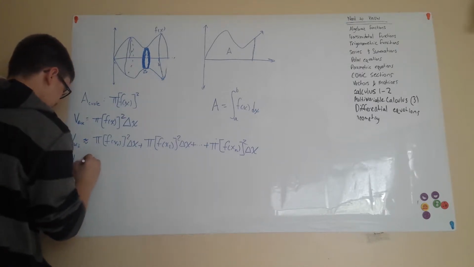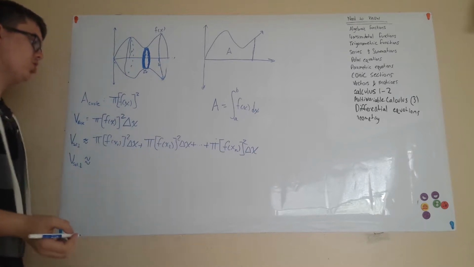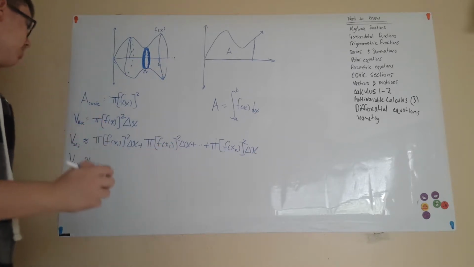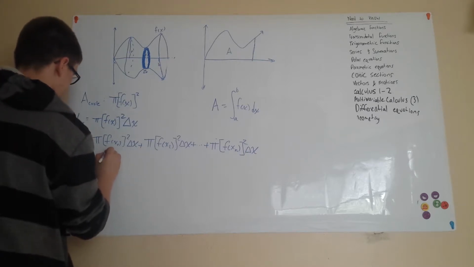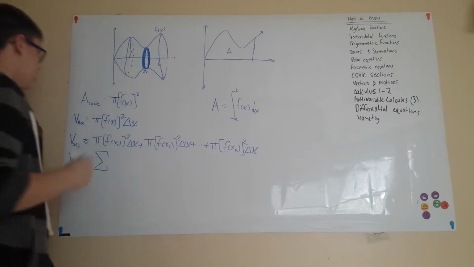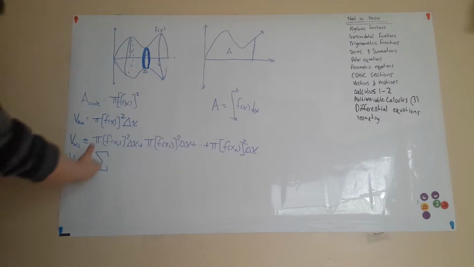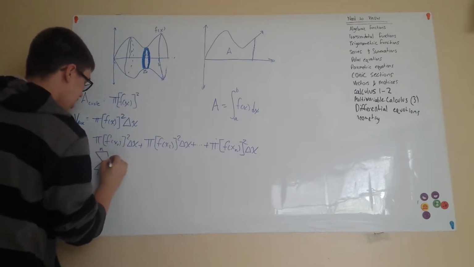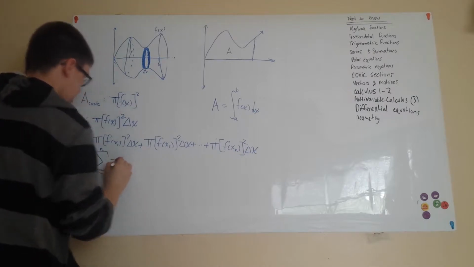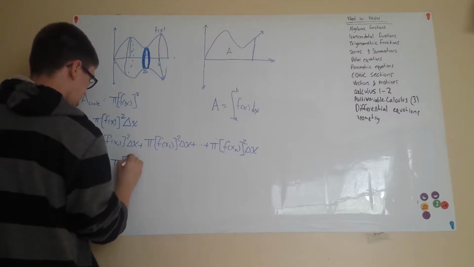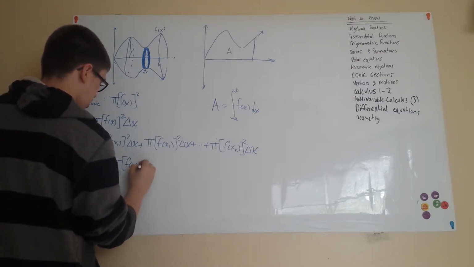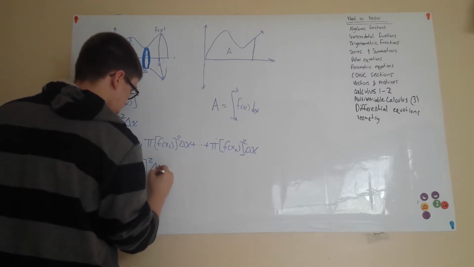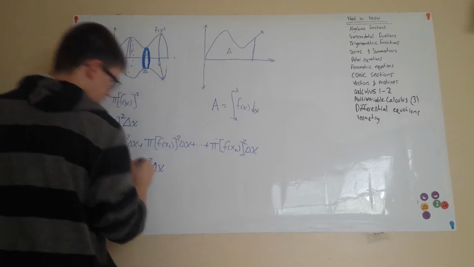What does this look like? This looks like a summation, right? I'm adding lots of numbers with a pattern. So this volume of a solid is approximately equal to the summation from k equals 1 to n of pi times f of x sub k squared times delta x. Okay?